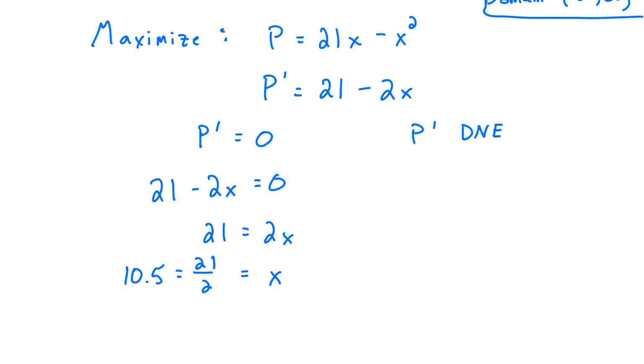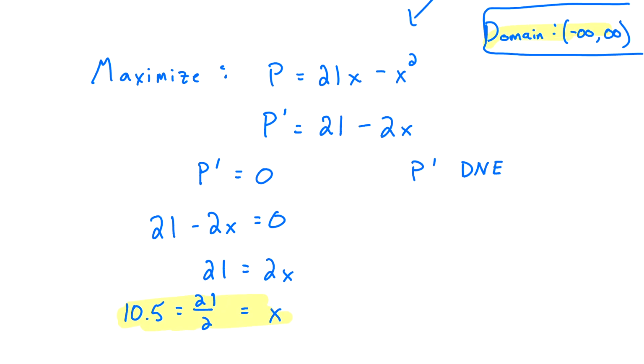Now, I do want to verify that this critical number that we found lives in the domain of our function. Now, in this problem, our domain was negative infinity to positive infinity, so any number that we found would have been in our domain. But I do want you to keep that in mind. We do want to be making sure that the critical numbers that we come up with are actually included in our domain.